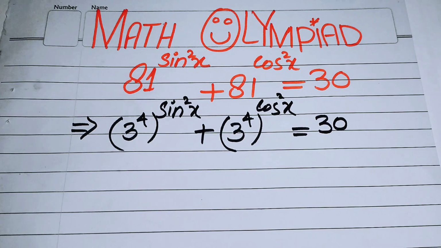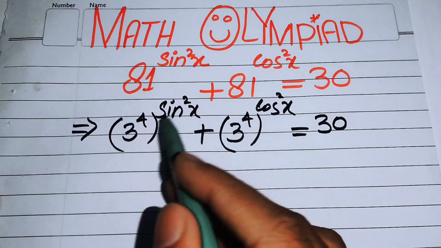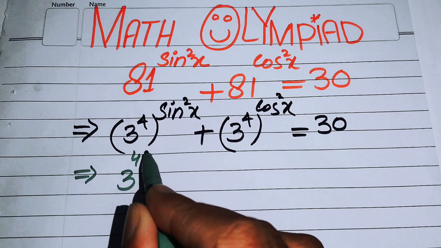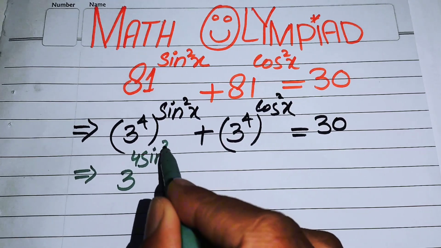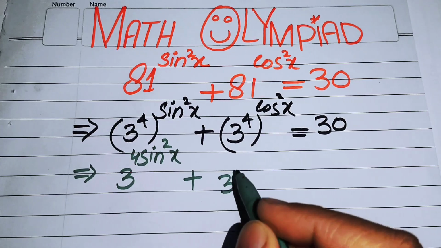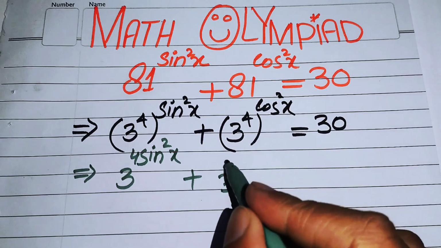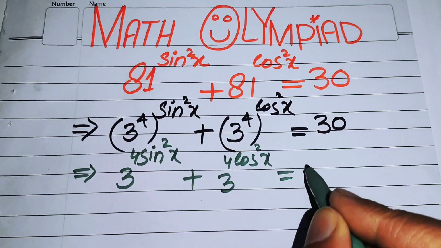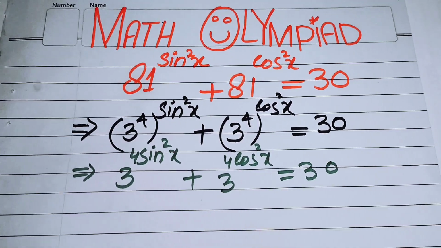In the next step we will just multiply these two exponents, and you will obtain 3 to the power of 4 times sine squared x plus 3 to the power of 4 times cos squared x equals 30.